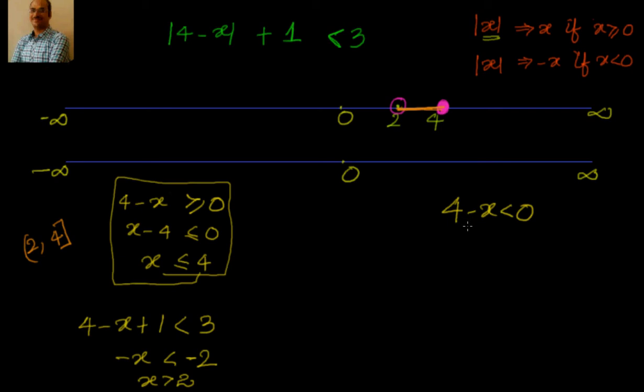Now let's go to the next one. We are looking at the values when 4 minus x is less than 0. 4 minus x less than 0 tells me x minus 4 greater than 0, that's nothing but x greater than 4. Now the inequation will become minus of (4 minus x) plus 1 less than 3, because 4 minus x is less than 0.